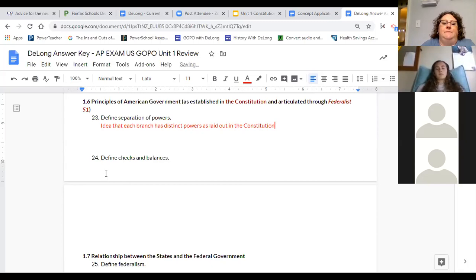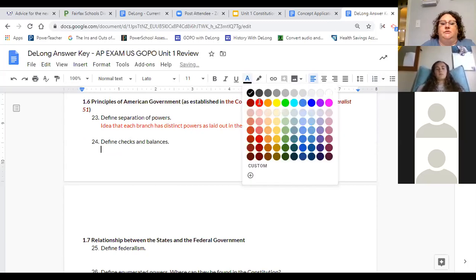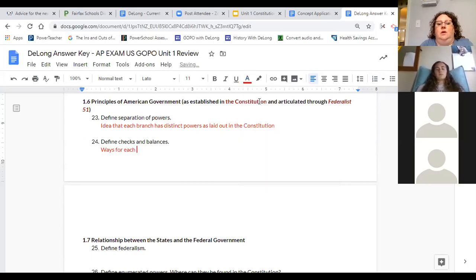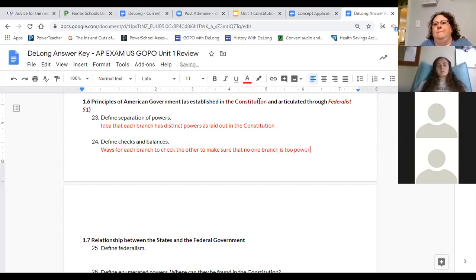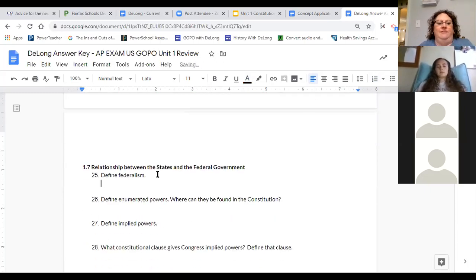Okay. Checks and balances. Ways for each branch to check the other to make sure that no one branch is too powerful.